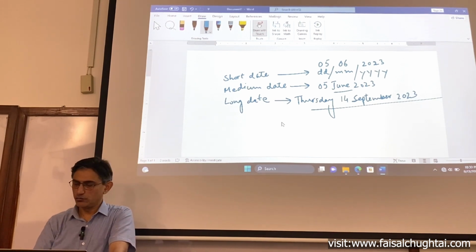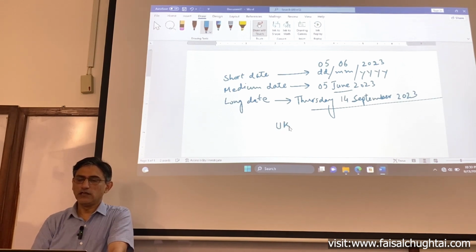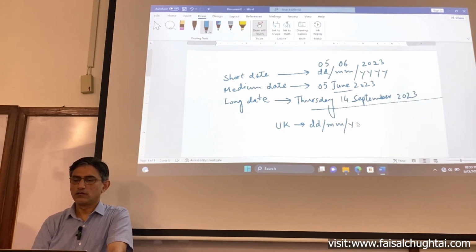Such as if we talk about the United Kingdom, in UK, the short date format which is used is this DD, MM, but the US short date format is what? Exactly, very good. That would be month first, then day, and then the year part.